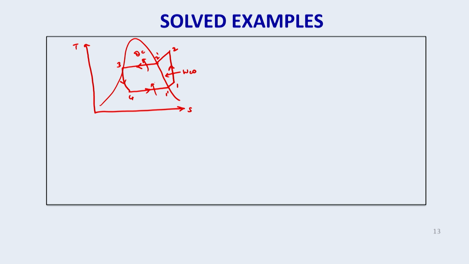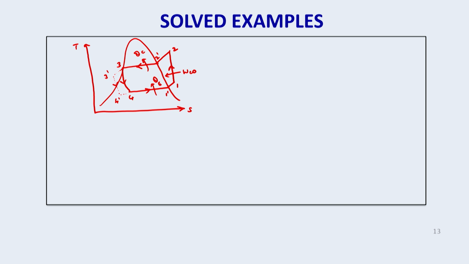This is evaporation. And subcooling is there. So let us represent the subcooling by a dotted line. So this is 3 dash. This is 4 dash.